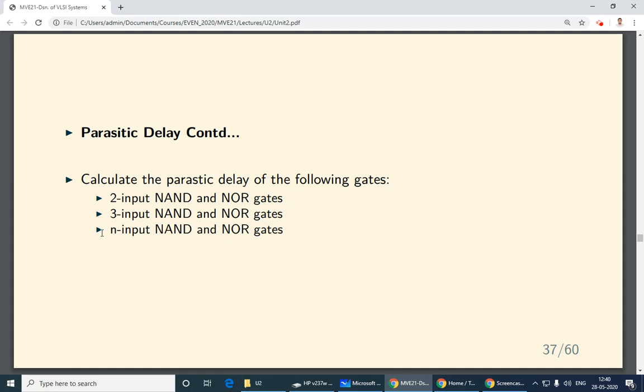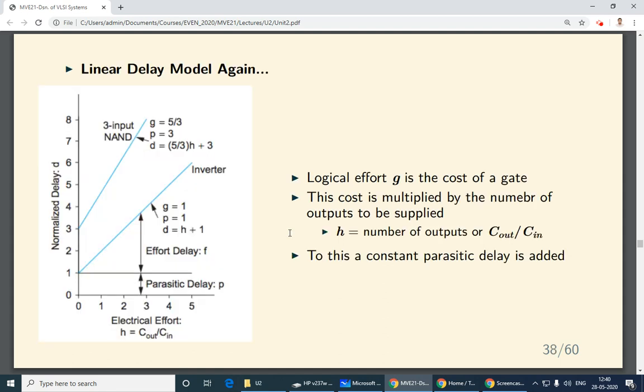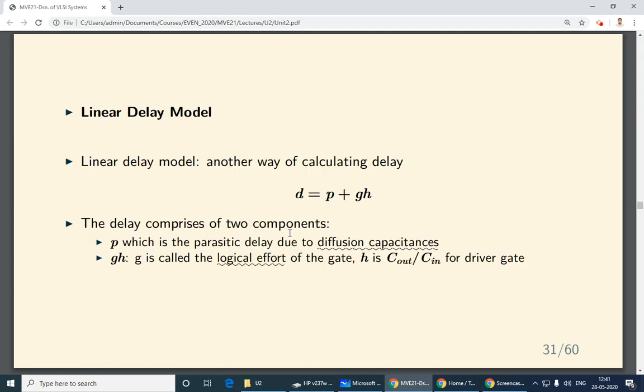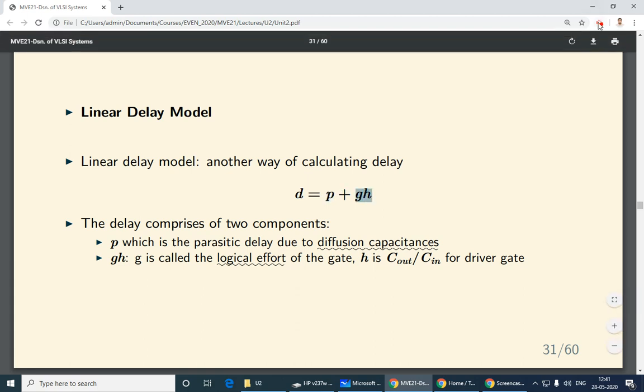And once you have those patterns, you can also try to generalize and see what the parasitic delay of an n-input NAND or NOR gate is. Okay. Now finally, we have two of the three terms. We have delay is equal to P plus G into H, right?